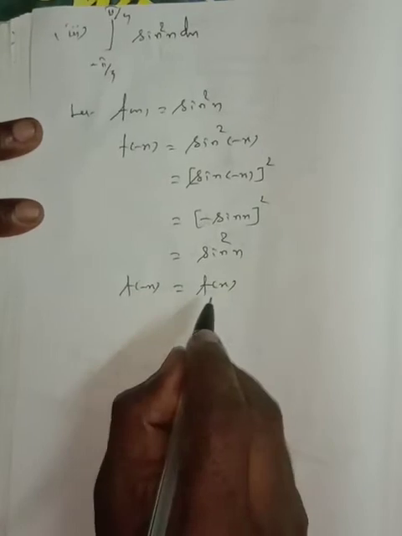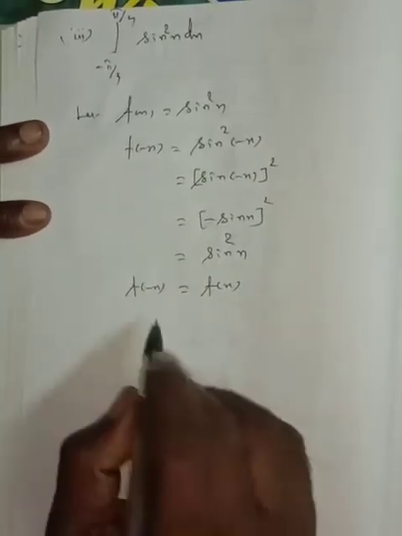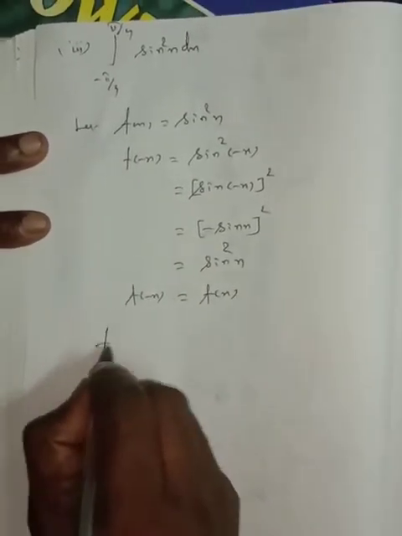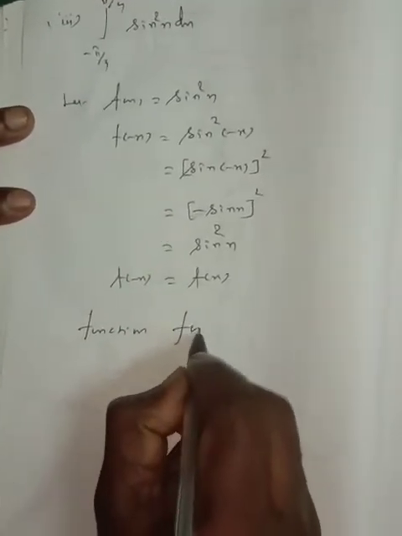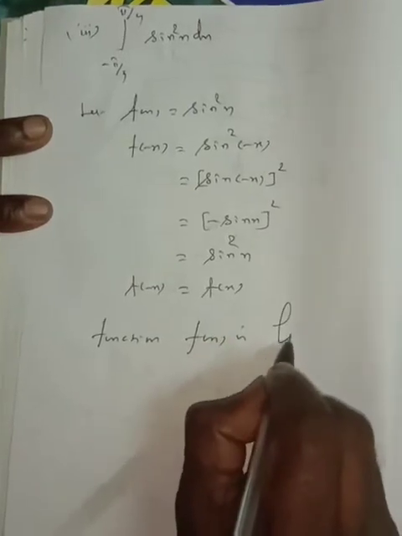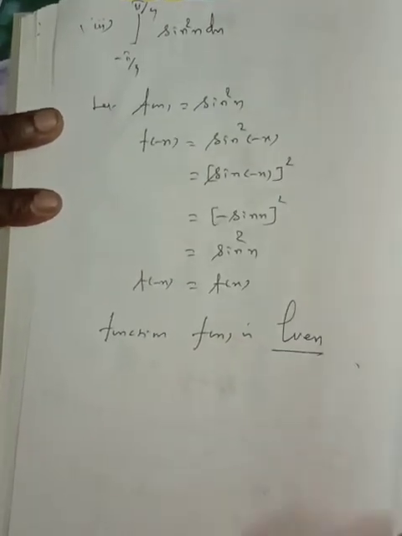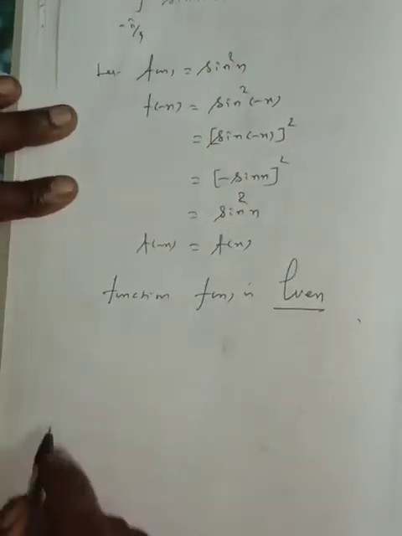If f of minus x equals minus f of x, the function is odd. In this case, it is even. The function f of x is even. Therefore, we have to integrate this one.